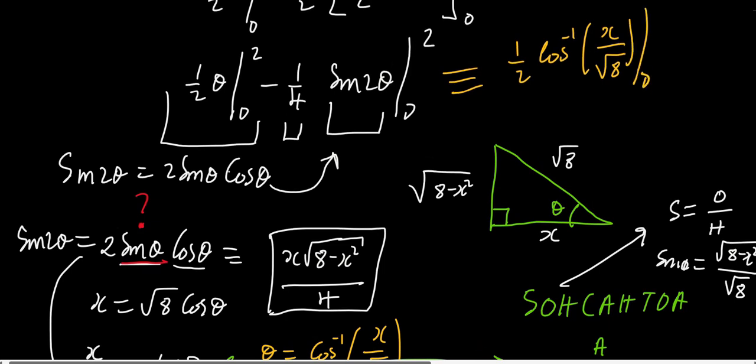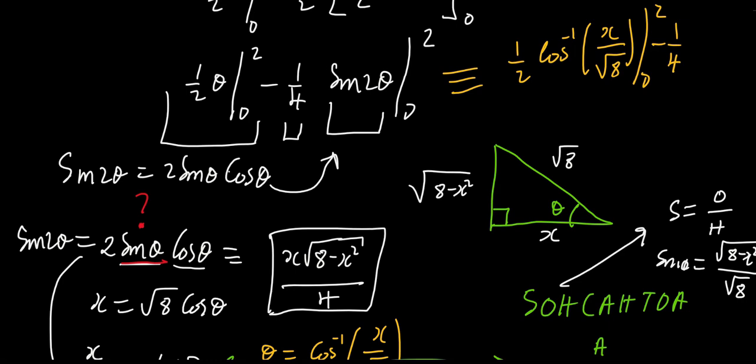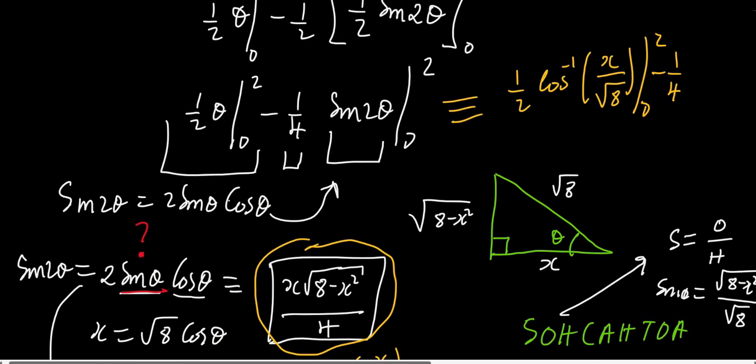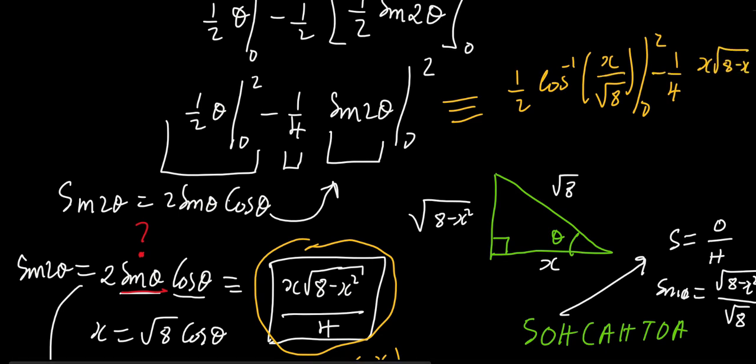Now from 0 to 2, minus 1/4. What do we notice? Sine 2 theta, we already simplified it. Our sine 2 theta will be x times the square root of 8 minus x squared all over 4.